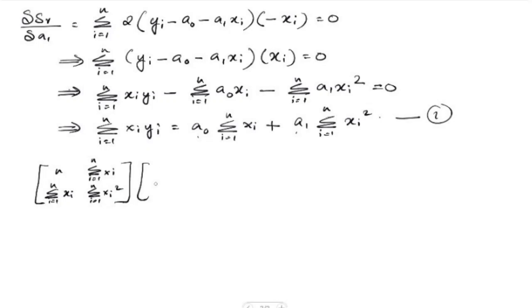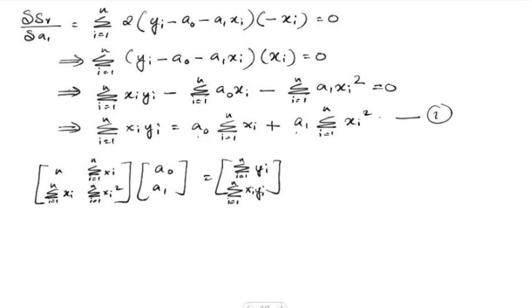And then the two unknowns a0 and a1 would be equal to what is on the other side of the equal sign: for the first equation summation of yi, and from the second equation summation of xi yi.